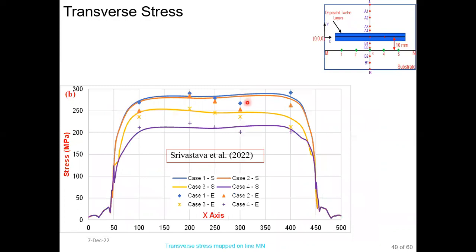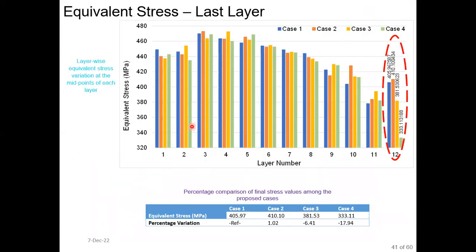After that, this slide is showing the transverse state of stress. Here again, we are observing the least amount of stress in case 4. And this slide is showing the value of equivalent stress, that is von Mises stress, for different layers. Initially, the value of equivalent stress increases up to the 3rd layer, and after the 3rd layer, because of the heat treatment effect, it keeps on decreasing and finally settles at a certain value.